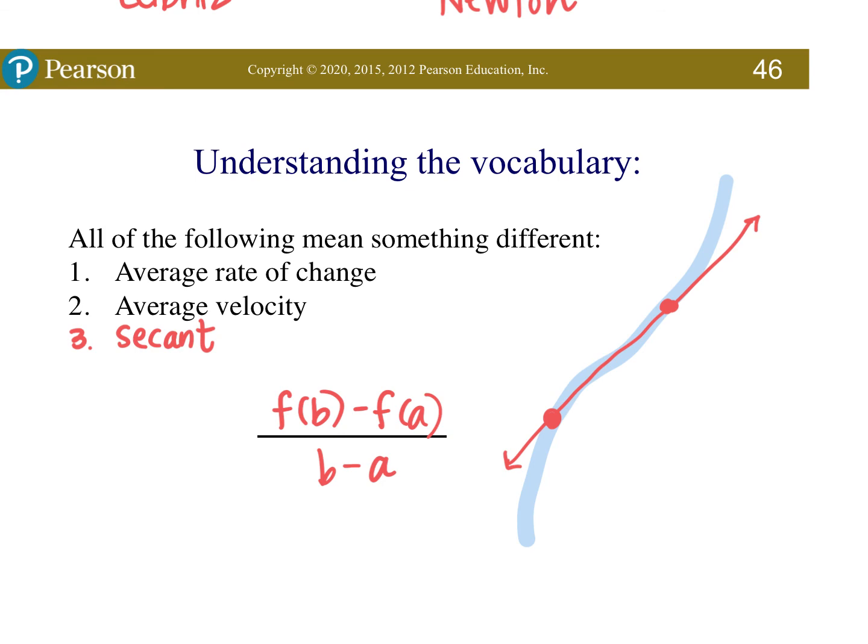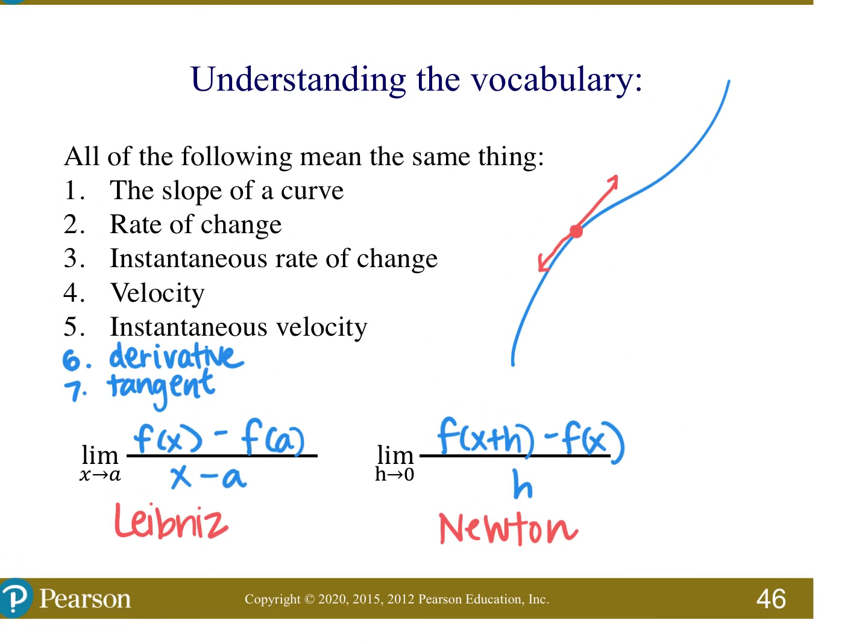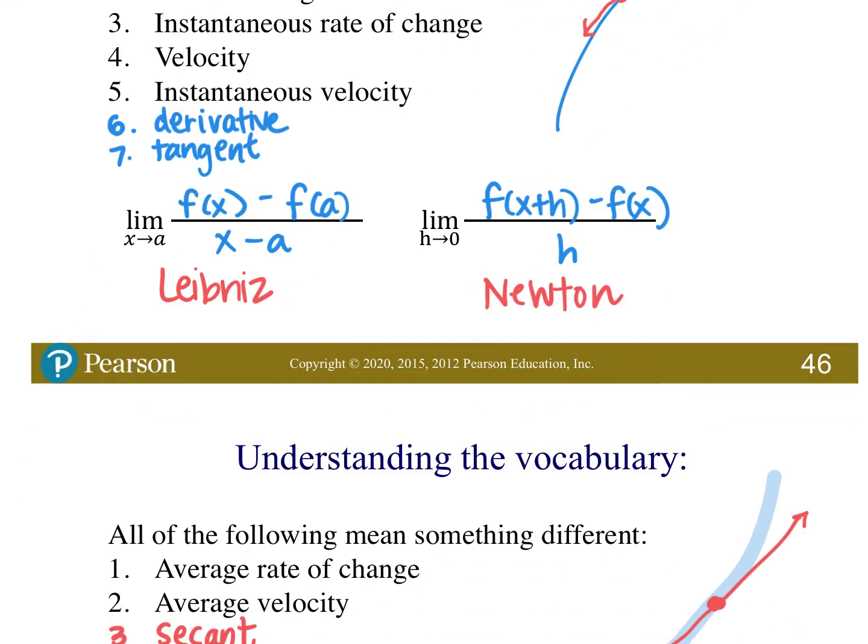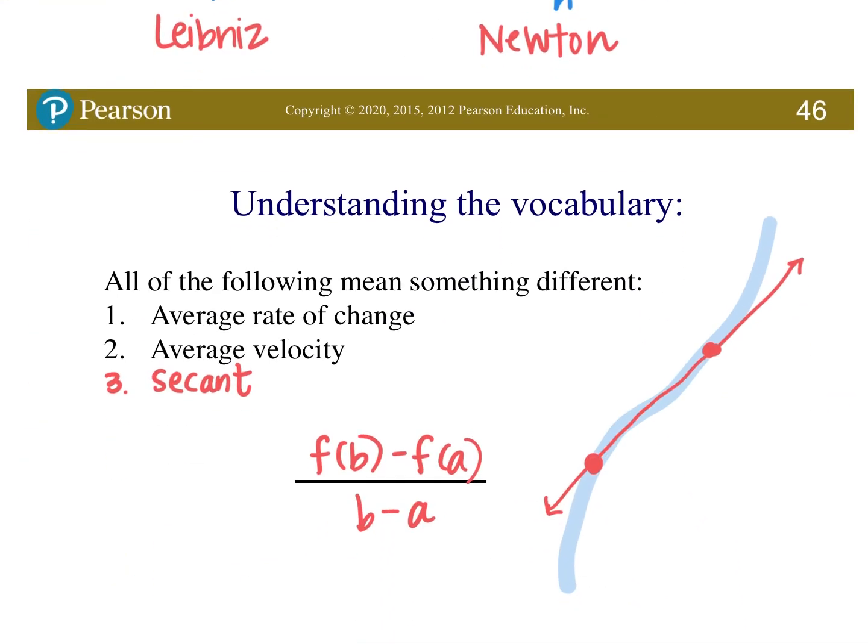The other 7 ways all require that you're working with a limit. When you throw the word average in there, you don't need a limit anymore, and there's 2 points instead of 1. The limit squeezes everything down to where the 2 points are so close together, they're practically the same. So it's the difference in going from 2 points for a secant to 1 point for a tangent.